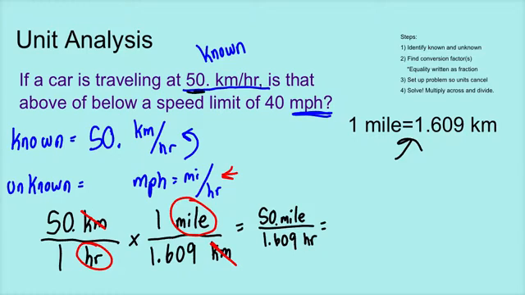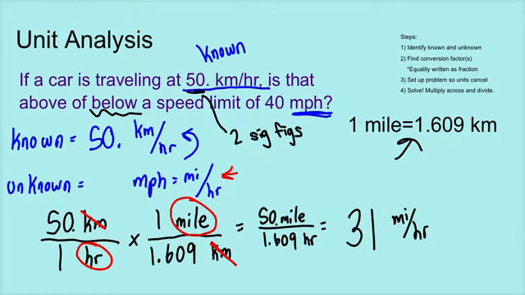Because this number only had 2 significant figures, I'm going to round my answer and make sure that it only has 2 sig figs. So I'm going to say it's 31 miles per hour. Okay, so it is below a speed limit of 40 miles per hour.